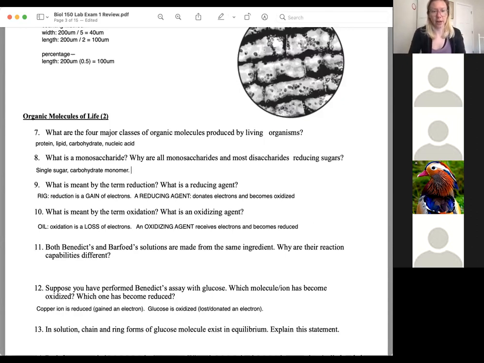So the monosaccharides, the reason that they're reducing sugars is because these molecules contain a carbonyl group.